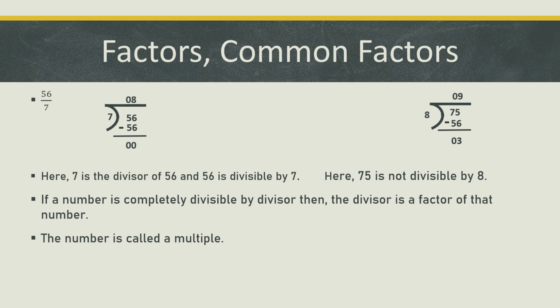The divisor in the first example is 7. Also 8, the quotient, is a factor of that particular number. And the number is also called a multiple. Which number? The divisor 7 is also called a multiple. Got it? Now let's move ahead.